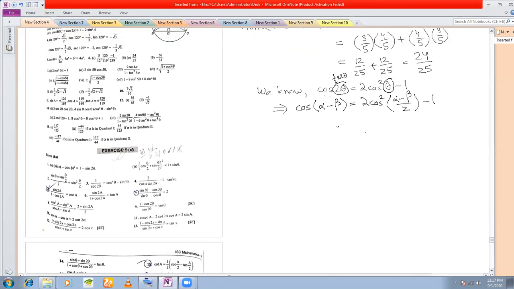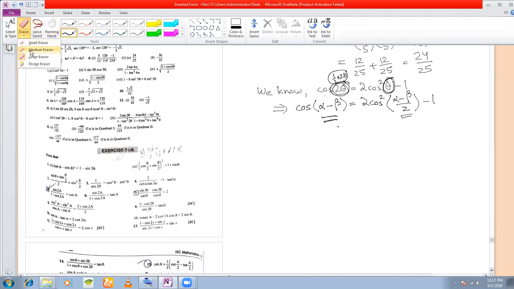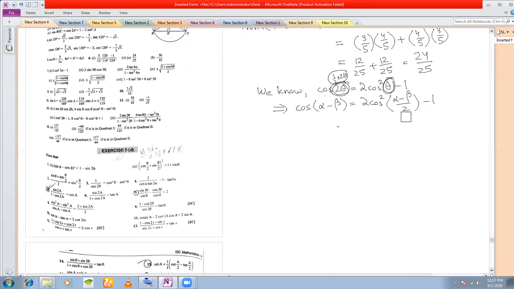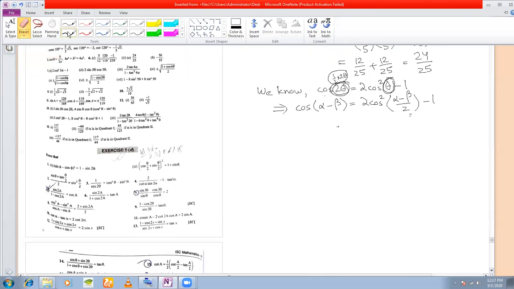Am I correct? If I take 2 theta as alpha minus beta, then theta will become (alpha minus beta) by 2, because if I take half of 2 theta, I get this angle. Similarly, if I take half of alpha minus beta, I'll get (alpha minus beta) by 2. So now you put the values, whatever values that we have got.